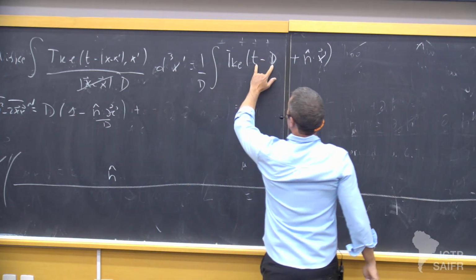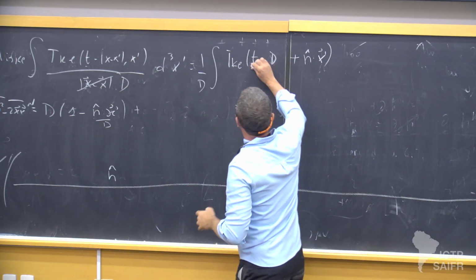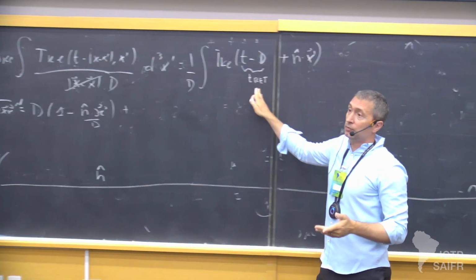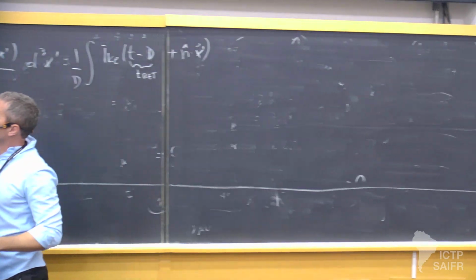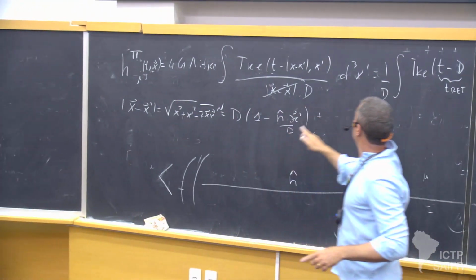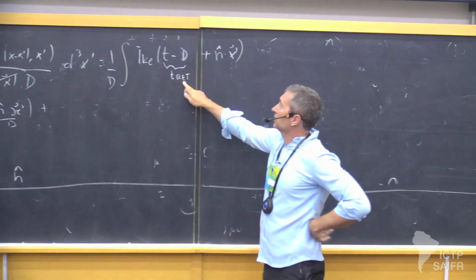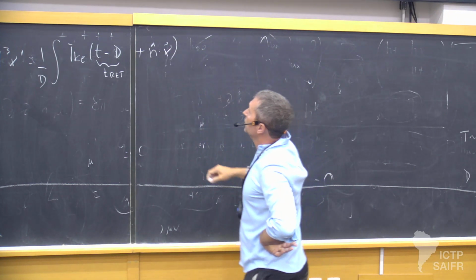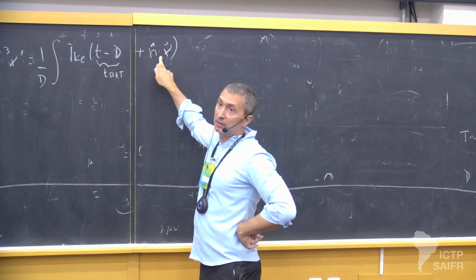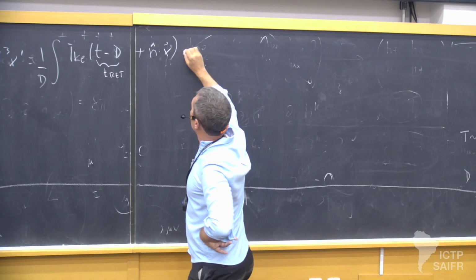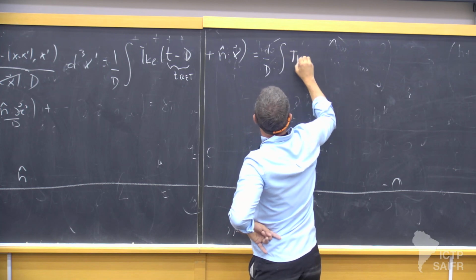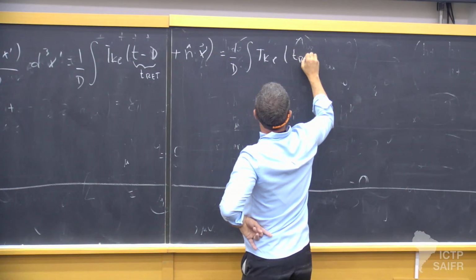Why? Because the zero order combines with t to give the retarded time, and this term, whatever it is, I have to keep. So my field at time t depends on the source at the retarded time plus some little modulation. This little modulation I can now expand in Taylor series. This gives me 1 over d, T_kl of retarded time, full stop.